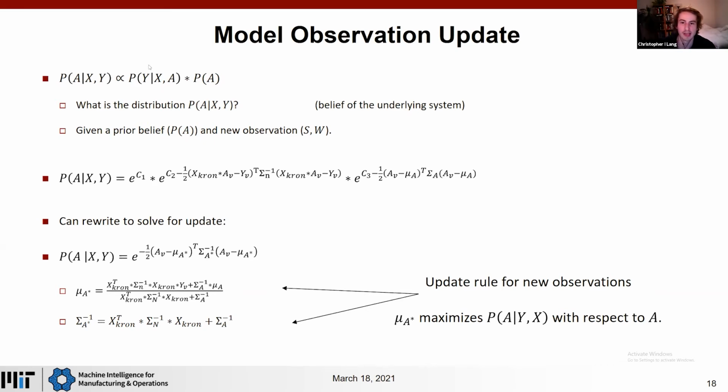And we can rewrite this as the probability of seeing these wafer variables given the sensor variables and our value A, times our prior belief of what A is. So we can rewrite this essentially into a new Gaussian random variable with a new mean and a new covariance matrix. The math getting from here to here doesn't matter too much, but essentially when we get new sensor wafer pairs, we can update our belief of what we think the relationship between the two of those is.